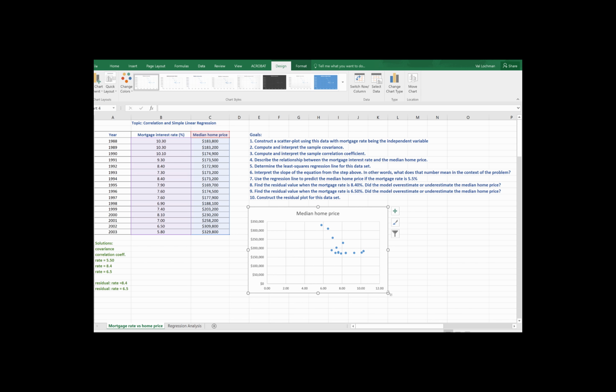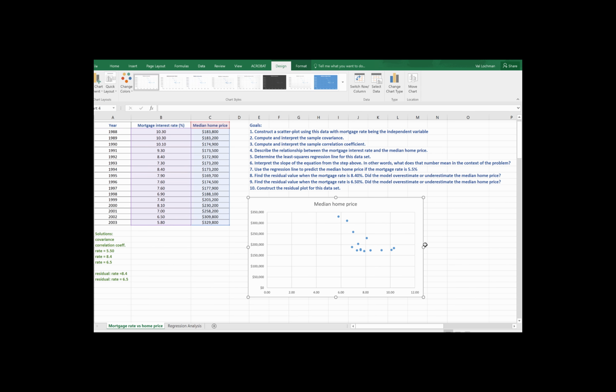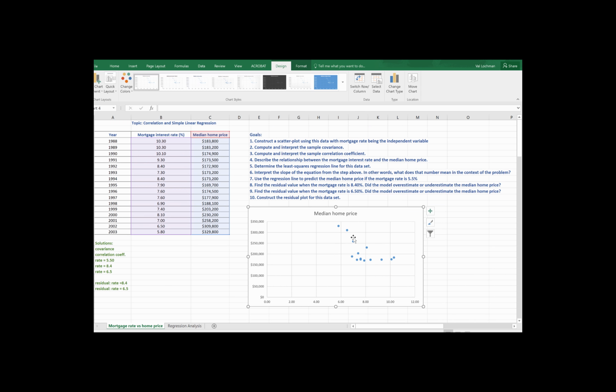You can take a look at it and see if there is any trend going on here before we make any sort of conclusion about it. But it looks like the higher the rate is, the lower the median price is. Okay, not exactly a straight line, but you can see that the home price increases with the mortgage rate going down.